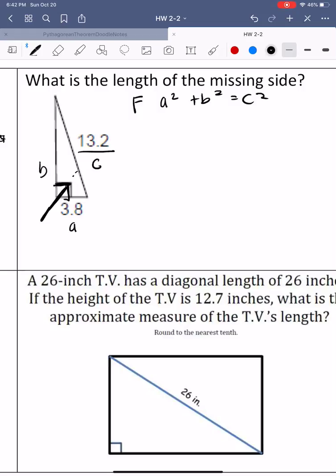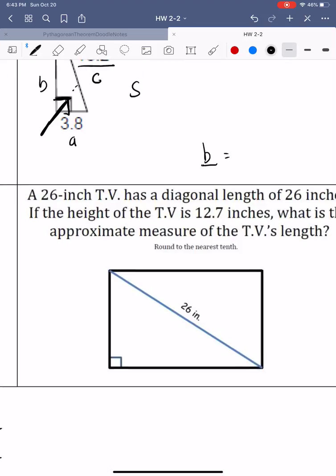So 3.8 squared plus B squared equals 13.2 squared. And I think if you've watched my video up to this point, you would be able to solve and make sure that you end up with just B equals.